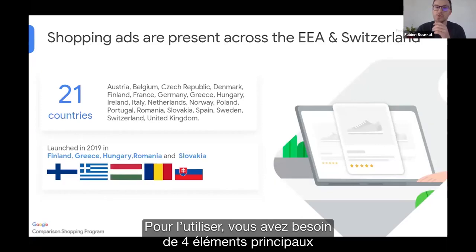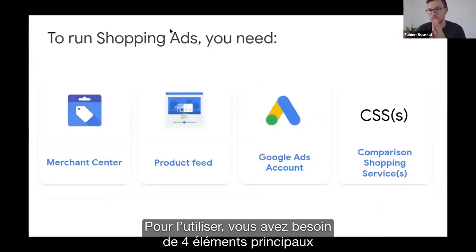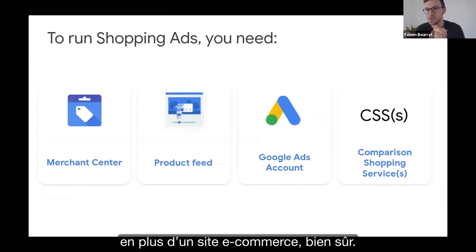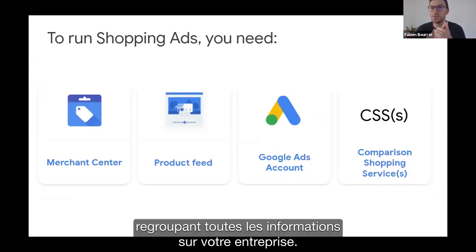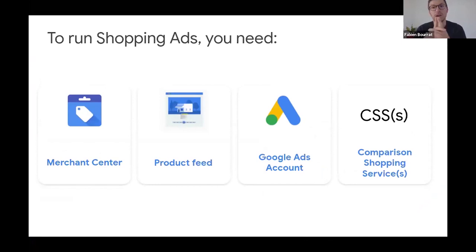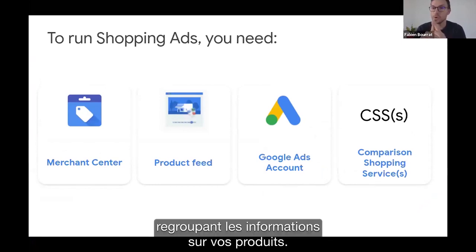To be able to do so, you need 4 main things on top of an e-commerce website, of course. One is a Merchant Center, where you can have all the information related to your business. Then is the product feed, so it's all the information related to your products.